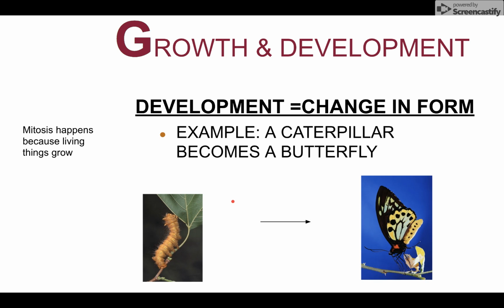Mitosis happens as a means for living things to grow. So if you look at a fetus that was in a mother's womb, it grows on to become an adult and a human being like you and I, and that's an example of growth. And this happens as a result of mitosis, which we looked at earlier during the course.